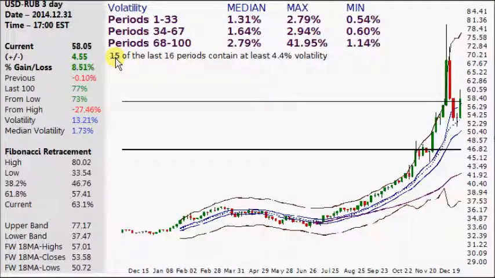15 of the last 16 periods, though, contained 4.4% volatility or higher. Of the previous 84 periods, 0 of the 84 had at least 4.4% volatility. Lesson learned: when the stuff hits the fan, volatility can massively increase.